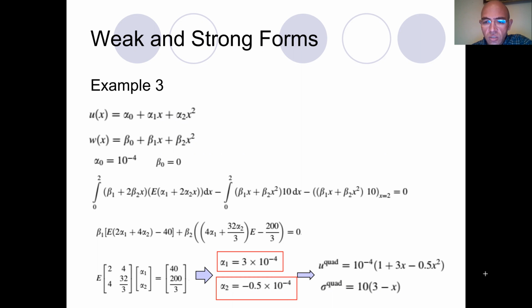So from here I can easily write the approximated displacement by a quadratic function. It is 10 to the power minus 4 multiplied by 1 plus 3x minus 0.5x squared, and stress is then 10 multiplied by 3 minus x.